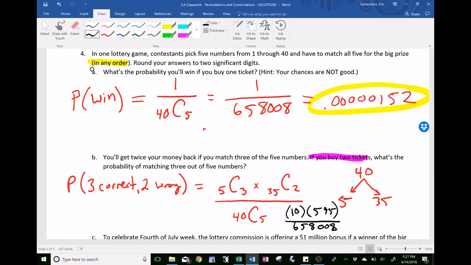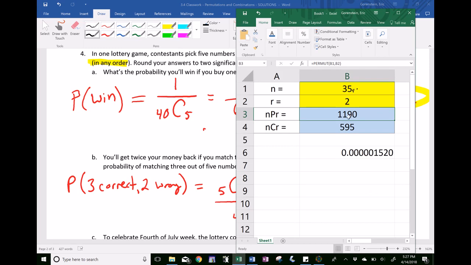So this will give us the probability of winning if you buy 1 ticket, and then we'll have to multiply that by 2 because we're buying 2 tickets. Okay, so let's see. We have 10 times 595, and then we're dividing that by 658,008.